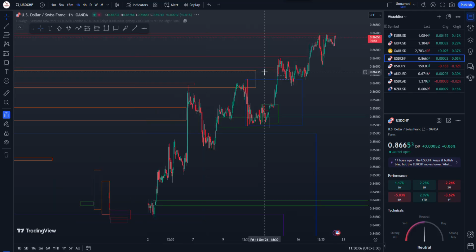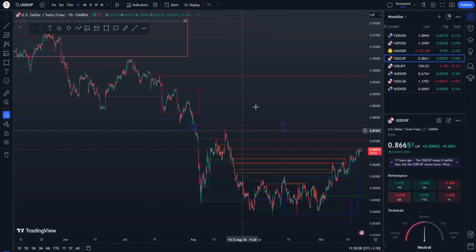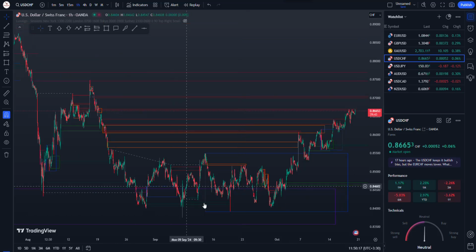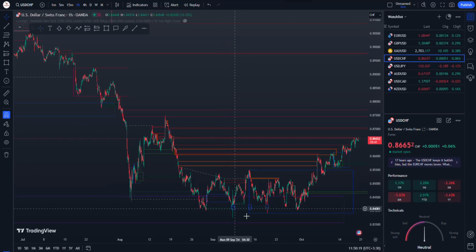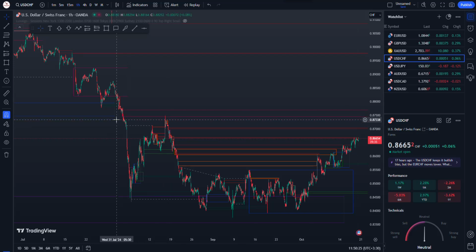So let's see, in USD CHF we have reached the great demand zone here, and then price is set to go up. This is going to reach the swap of that, so we can't be sure about that.